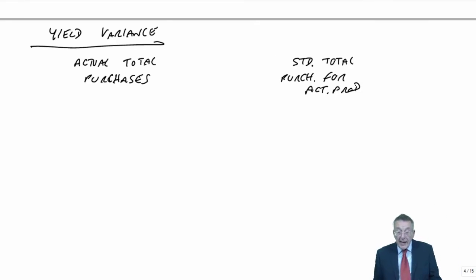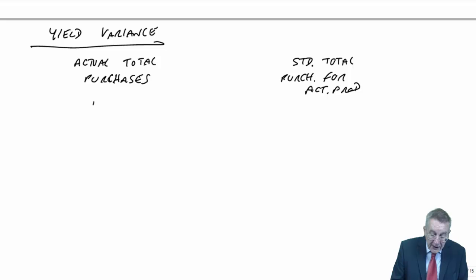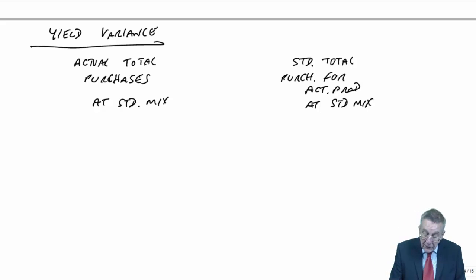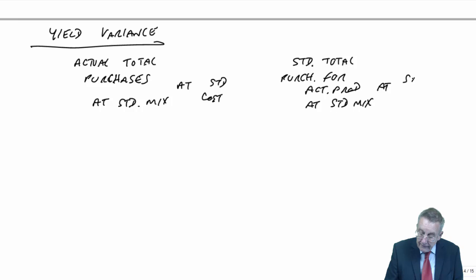And as you'll see, in both cases, we're going to do it at standard mix because we've dealt with the mix problem. And when it comes to costing it, in both cases, it'll be at standard cost because we've dealt with the expenditure variance.